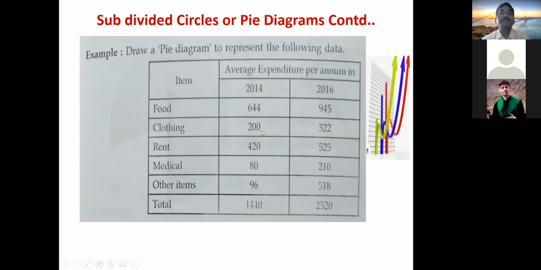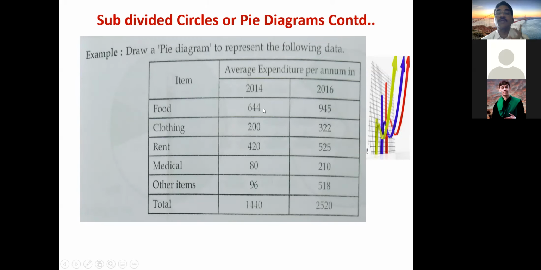Next you have an example, a pie diagram of expenditure. Just observe on the monitor. Pie diagram to represent the following data: food, clothing, rent, medical, other expenses. Total 1440. The average expenditure per annum is given for two years, 2014 and 2016.